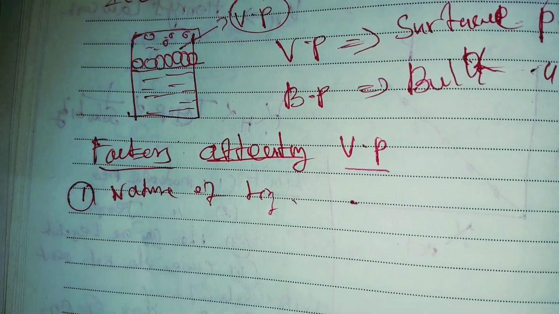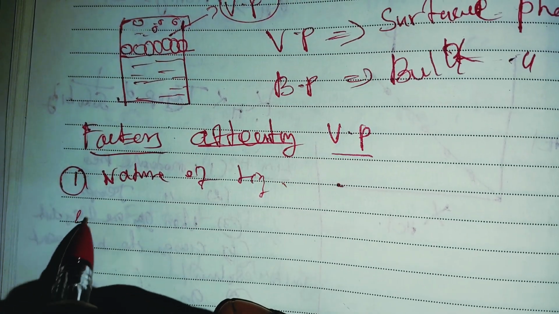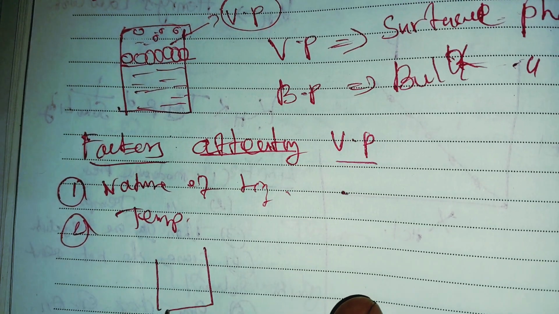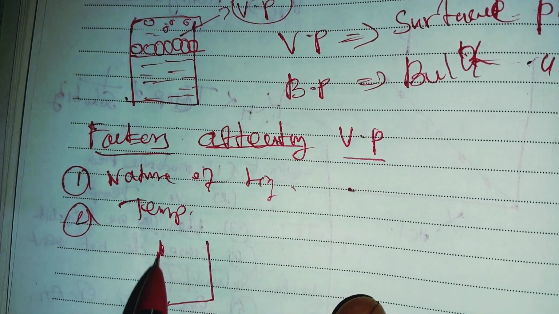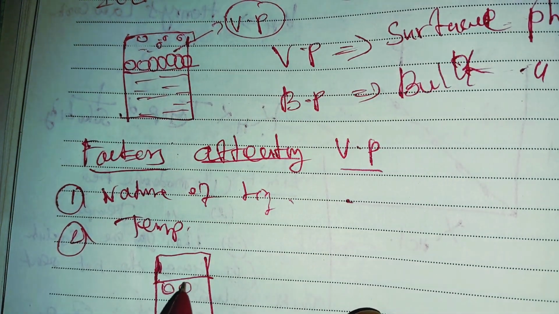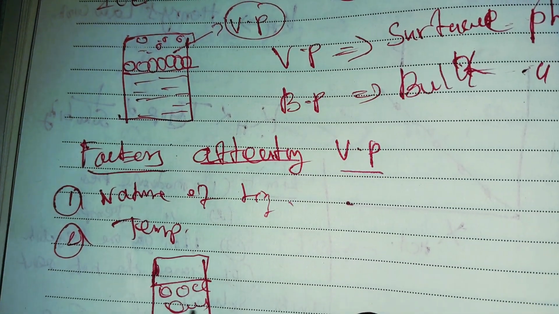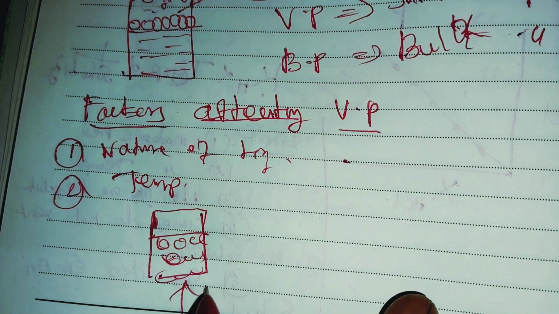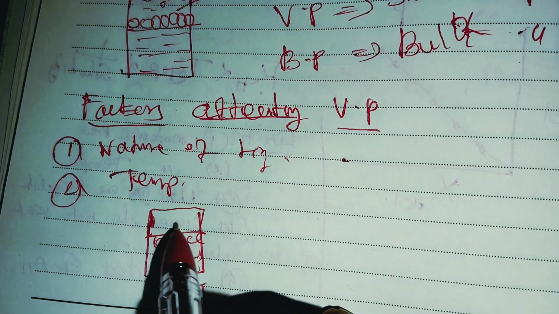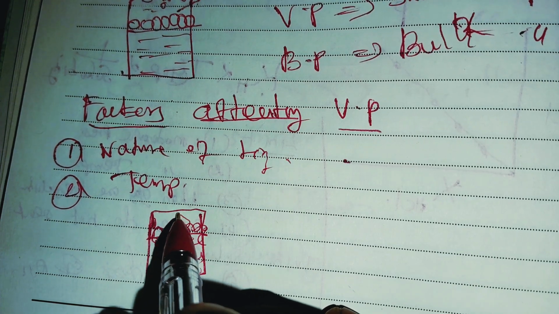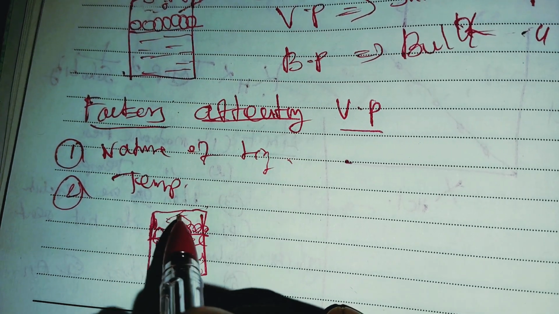The second factor is temperature. In general, as temperature increases, the vapor pressure also increases. When the liquid absorbs thermal energy, the surface molecules evaporate more easily into the vacuum.